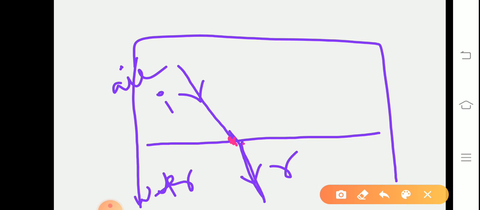This is the point of incidence, because when an incident ray falls on the interface, that point is called the point of incidence. Through this point of incidence, we can draw the normal perpendicular to the interface, also downside. You know very well, the angle between the normal and the incident ray is the angle of incidence, and the angle between the refracted ray and the normal is the angle of refraction.